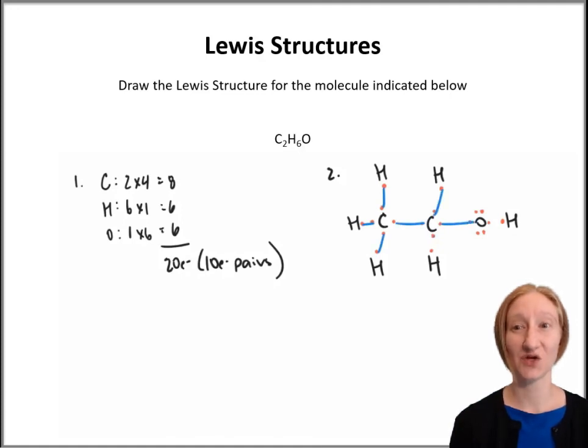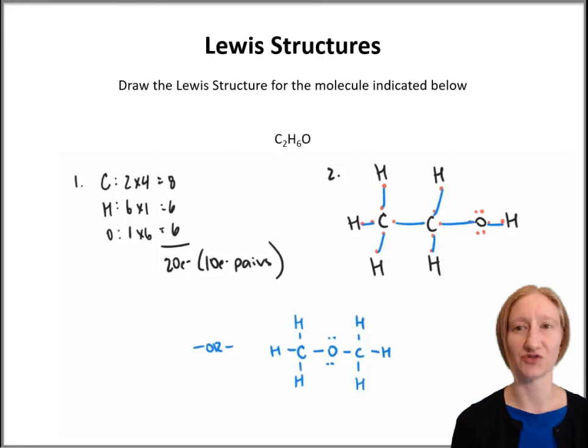When that's done, we double check our structure for octets and for the correct number of electrons, 20 in this case. So this is a good Lewis structure, but it's not the only possible Lewis structure for this formula. And you may have come up with this structure shown in blue on the bottom, and this is just as correct as the Lewis structure that I originally drew up top.